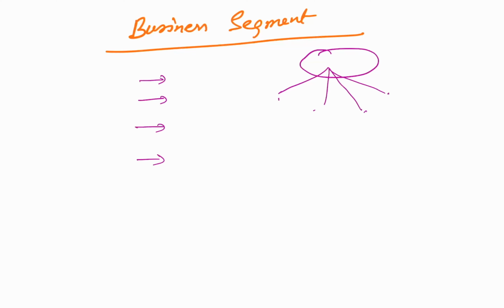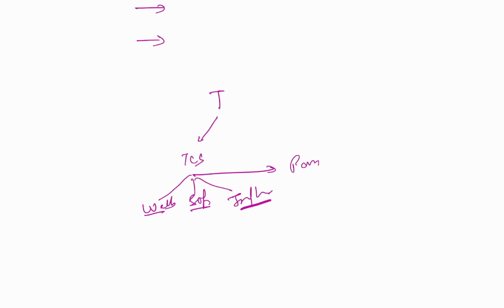Now, a business line becomes a reportable segment only if it is big enough. Try to think like this: Tata has TCS, and suppose TCS is also doing multiple businesses, say website development, software development, income tax filing system setup, and passport service as well.